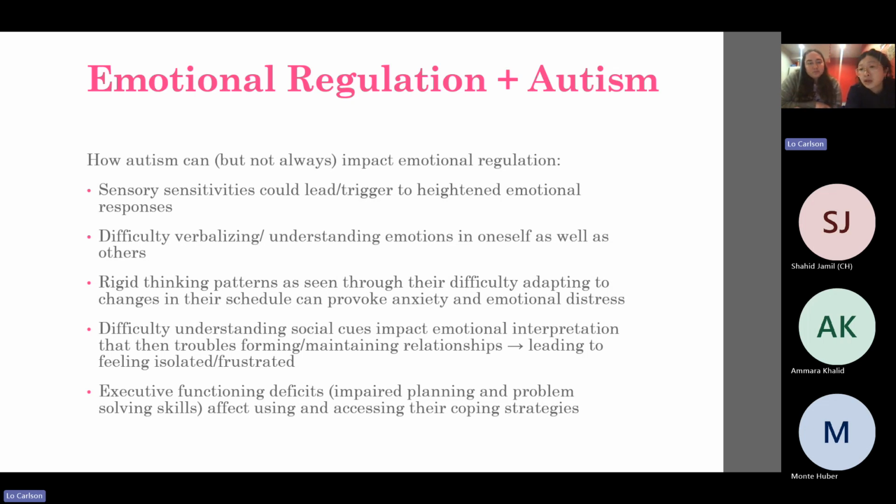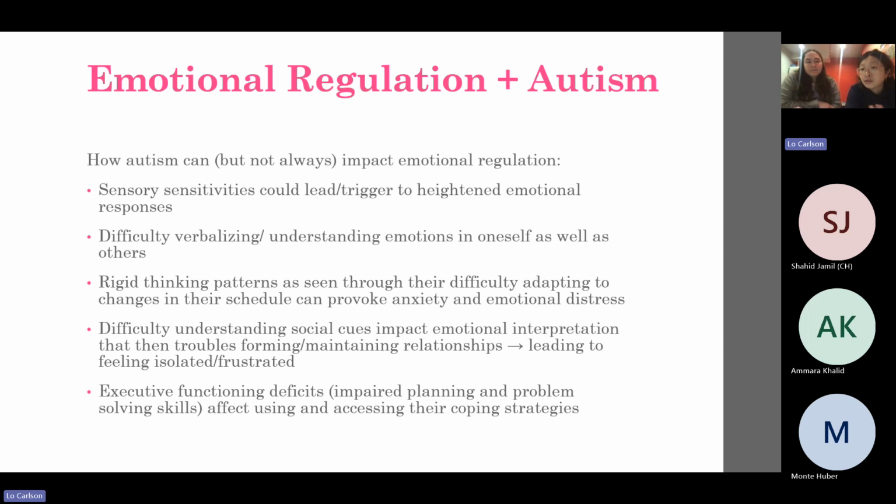They may also have rigid patterns of thinking, as seen through their difficulty adapting to changes in their schedule, like unexpected things, which could provoke anxiety and a lot of emotional distress, honestly.